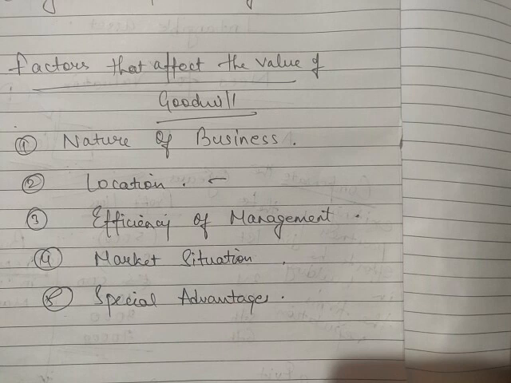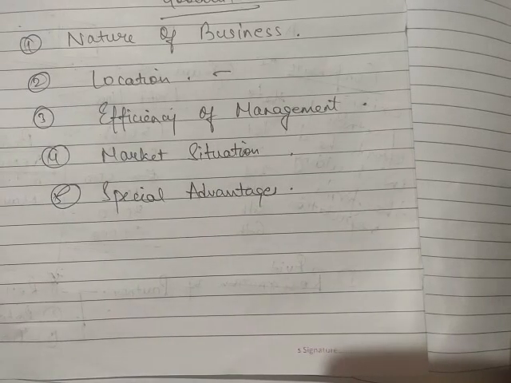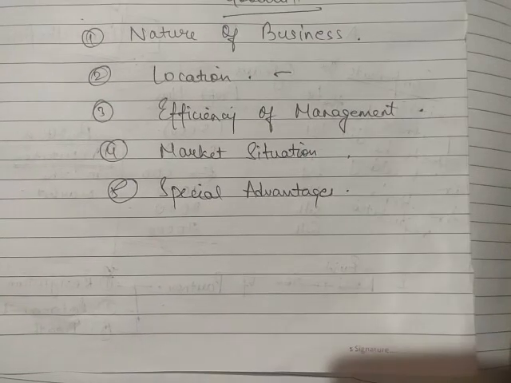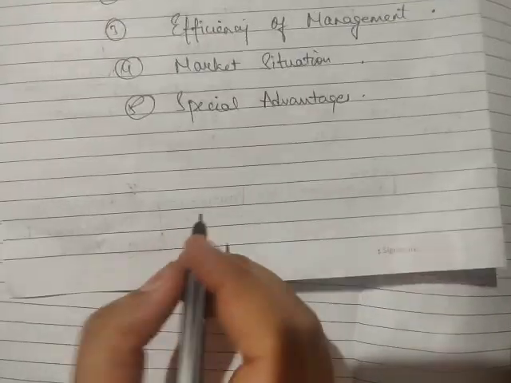So, there are various methods by way of which the goodwill can be calculated. The amount of goodwill that comes as a result of these methods varies from one another, but all of these methods are equally correct to value the goodwill. So, depending on the situation, the management decides what method it wants to adopt to value goodwill.